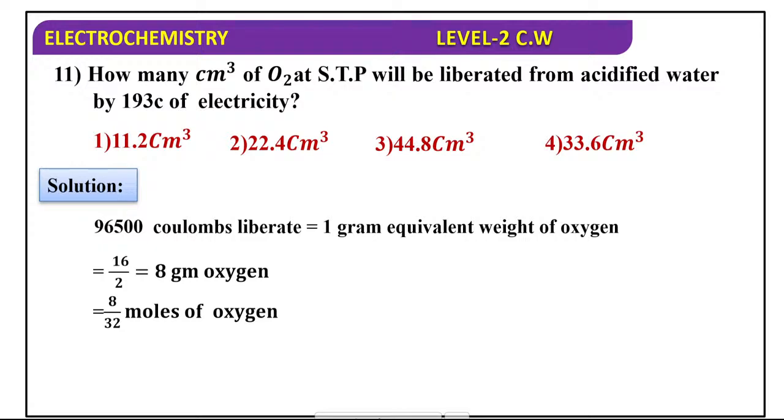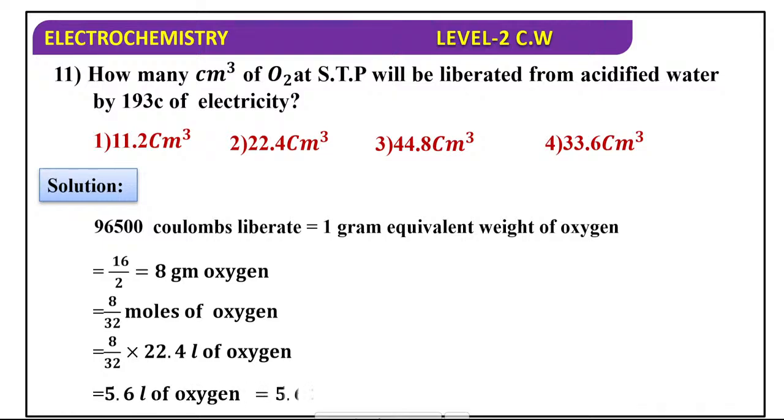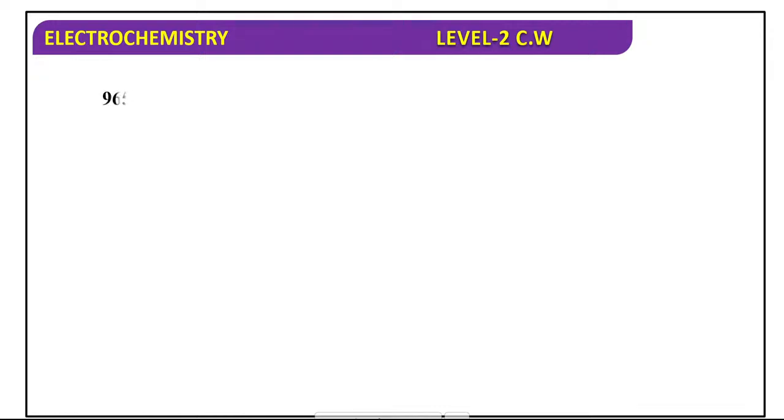So 8 by 32 moles of oxygen, that is 8 by 32 into 22.4 liter of oxygen, that is 5.6 liter of oxygen, or 5.6 into 1000 centimeter cube.